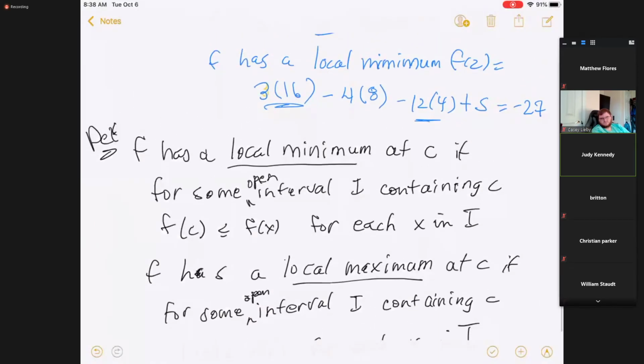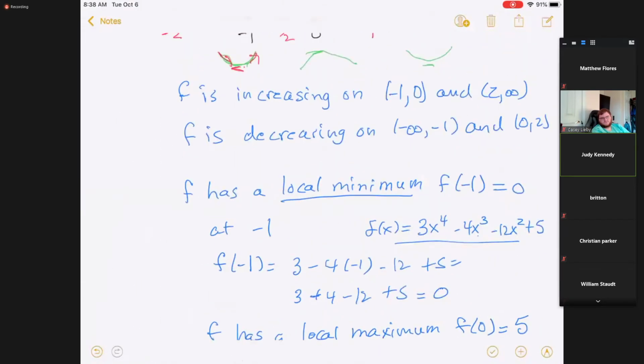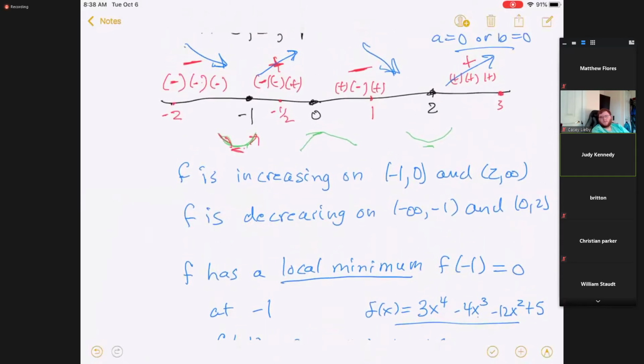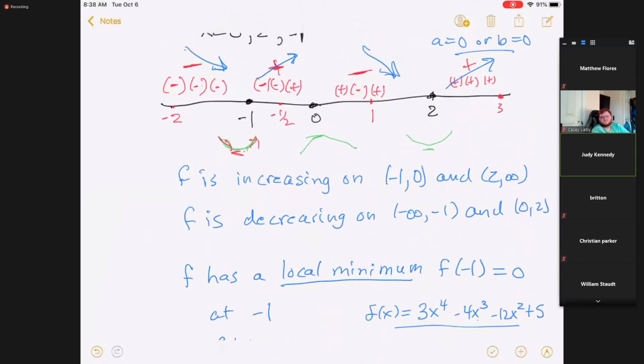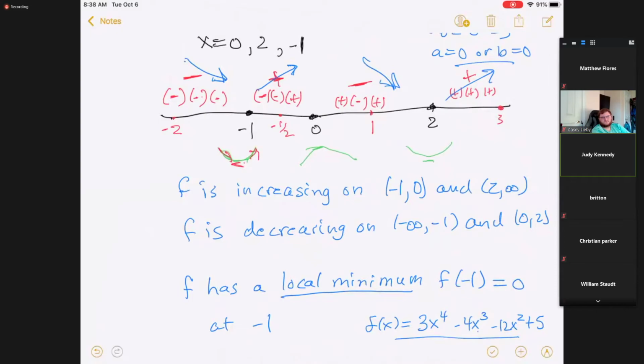Well, we have actually a pretty good bit of information here about this graph and this function. F decreases until it gets to X equal to -1. Then it increases until it gets to 0. So it's going down, going up, starts going down again, and it goes back up.